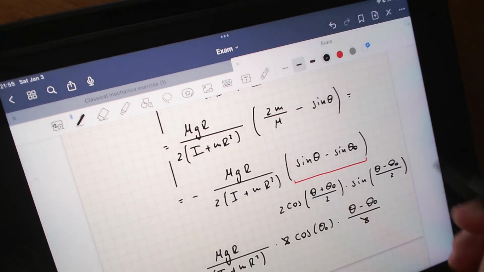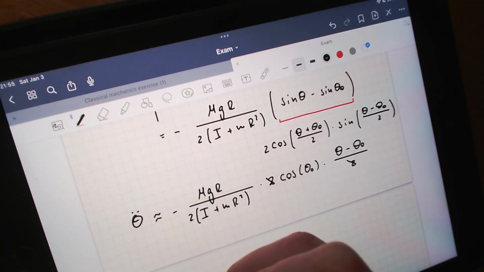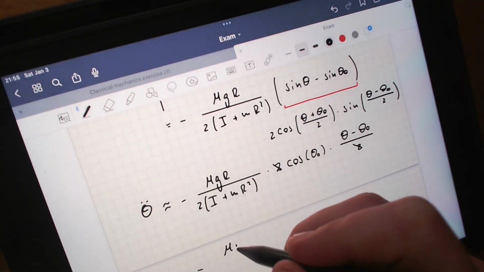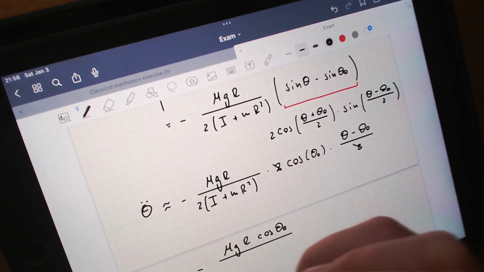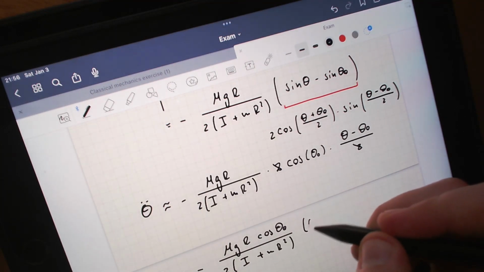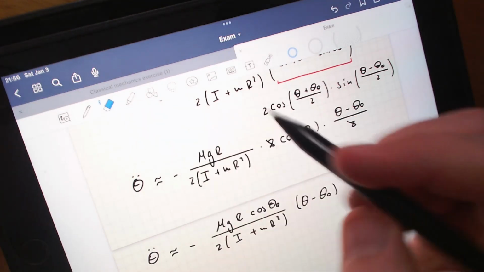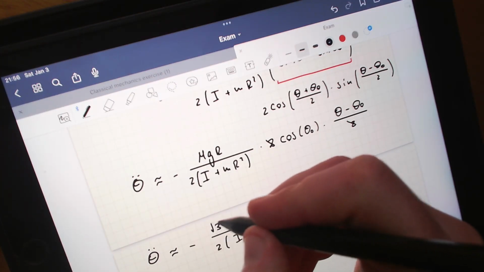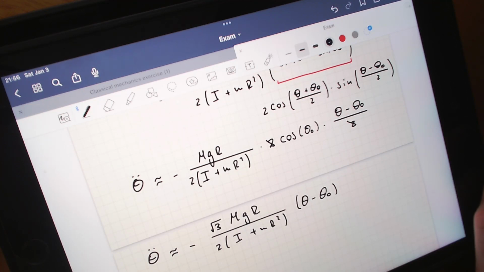Okay, so we can cancel these 2, and then we end up with theta double dot, which will be minus mgr cosine of theta 0, and cosine of theta 0 is a known value, and then we have theta minus theta 0, and we know that cosine of theta 0 is 3 over square root, so we can write just 3 over square root mgr.